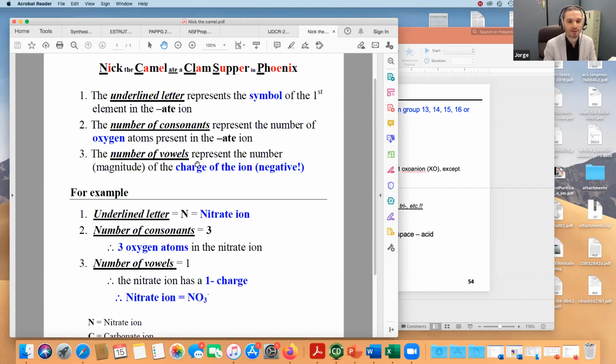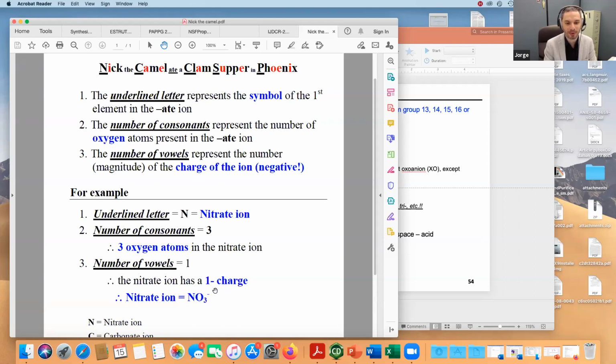And the number of vowels is the number of the charge of the anion, just one vowel, therefore 1 minus charge. So that means Nick stands for the oxoanion NO3 minus, and this oxoanion is formed by nitrogen.